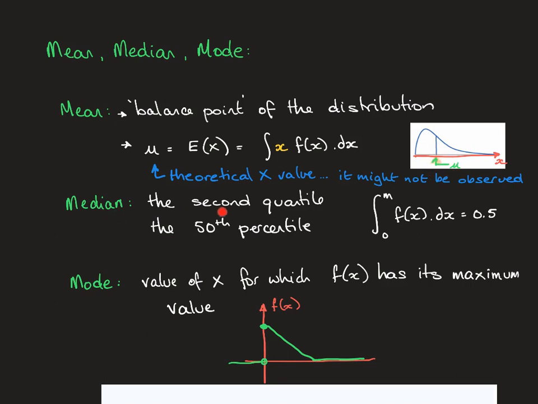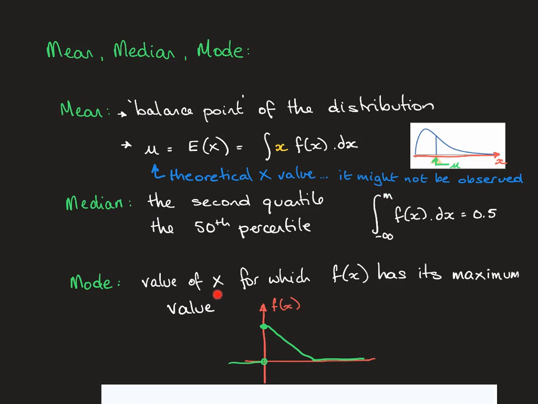The median is the second quartile, or the 50th percentile. So you're looking for the area from the lowest value, negative infinity, up until m, that gives the area under the curve equal to a half. You could also come from positive infinity down to m, but that m value will be your median.